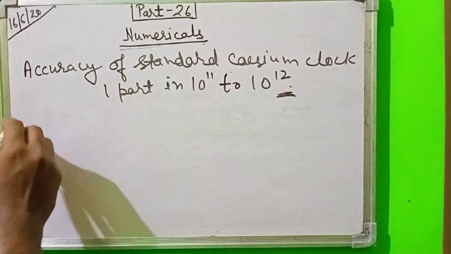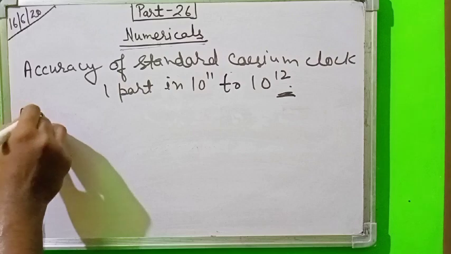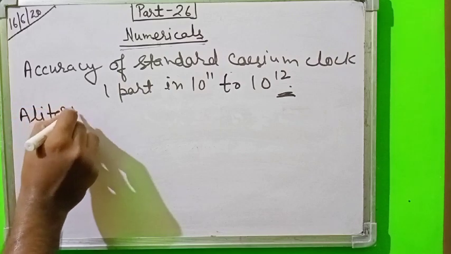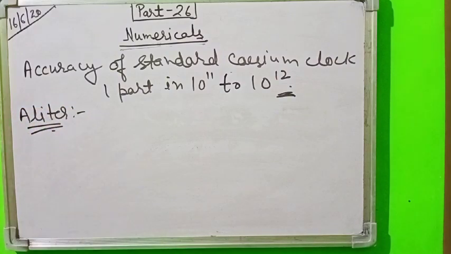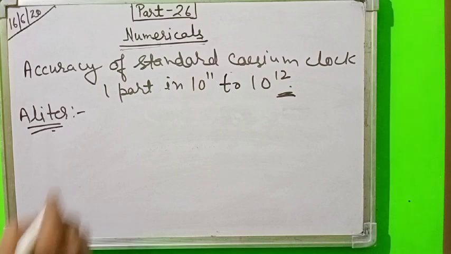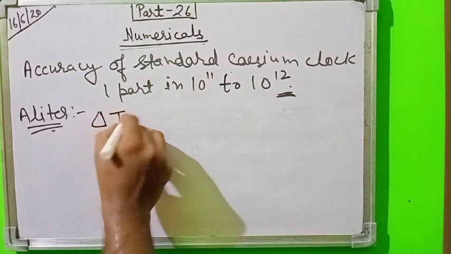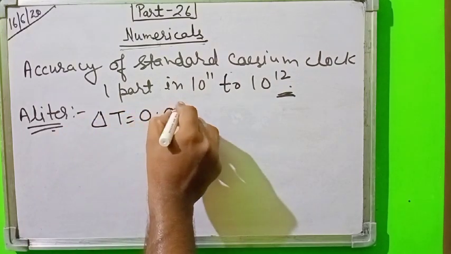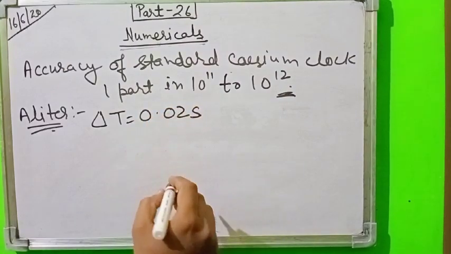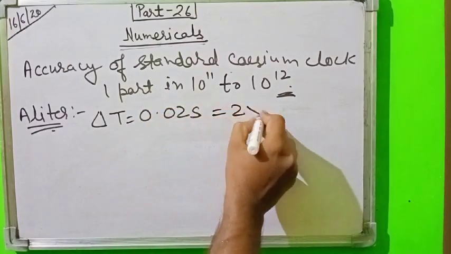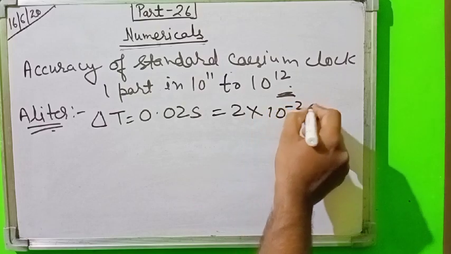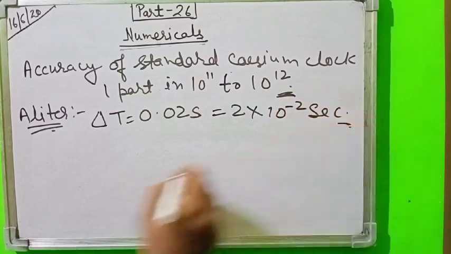Now the second way to solve this question: delta t is equal to 0.02 second, so it is equal to 2 into 10 to the power minus 2 second.